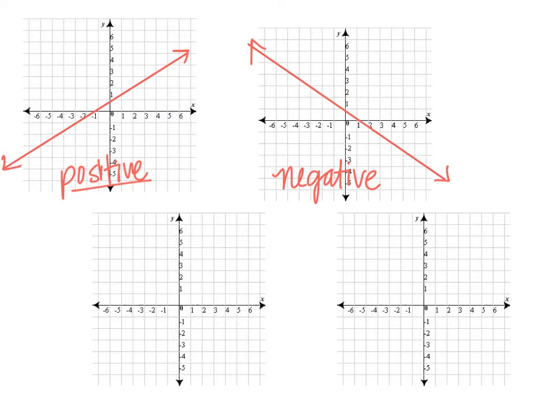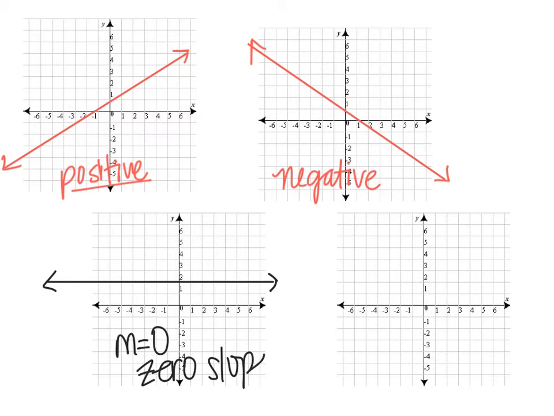The next two are completely opposite, but somehow students still get them confused. The first one I'm going to talk about is a slope of 0, which is, if you think about it, the floor has a slope of 0, so that's going to be a horizontal line, or 0 slope. And the last one is that undefined that we talked about, so that's going to be a vertical line.